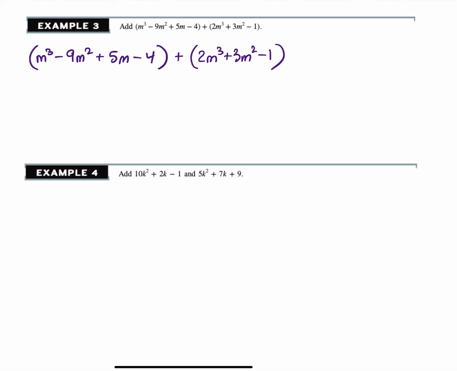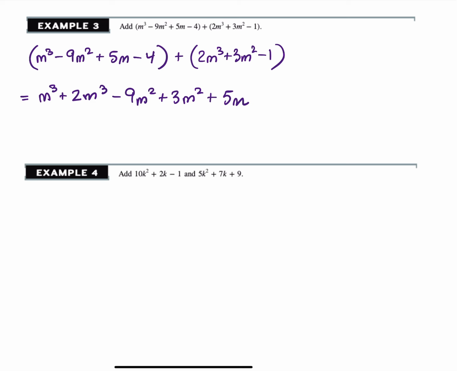So we'll end up adding together all terms that are alike, meaning these m terms with the third power will combine together, the second powers will combine together, the constant terms will combine together. So it's helpful to rewrite this with the pairs together, meaning we can rearrange this as m cubed plus 2m cubed, so putting those together, then minus 9m squared plus 3m squared plus 5m.